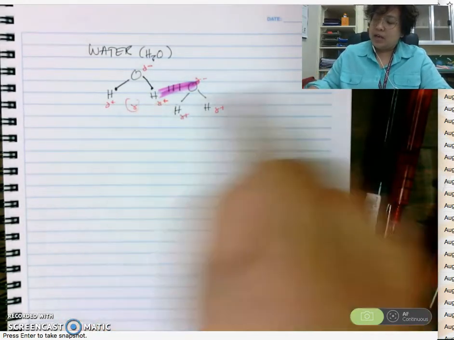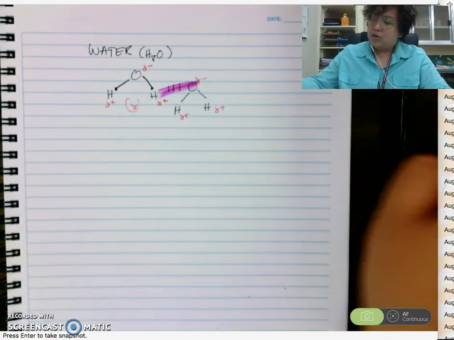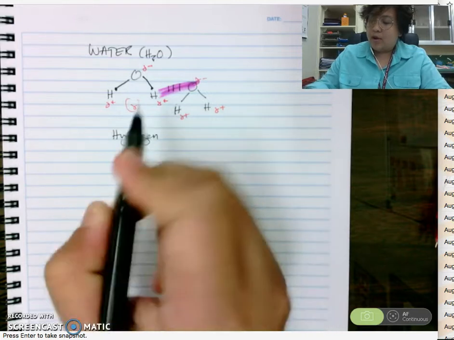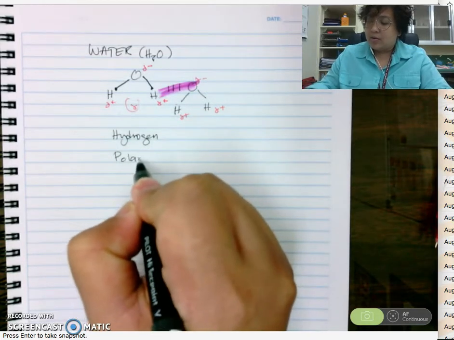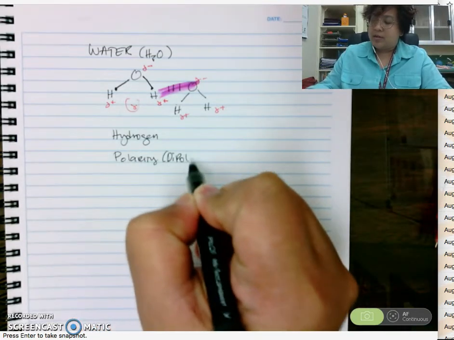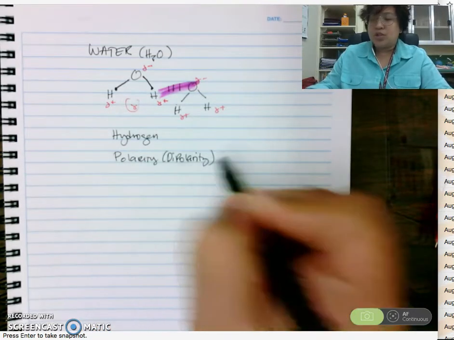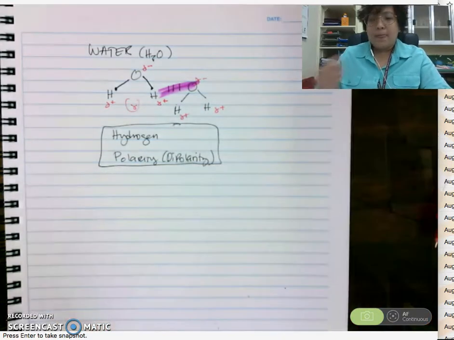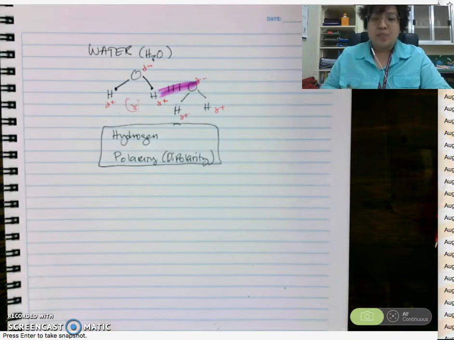Now this hydrogen bond between your two water molecules and the polarity, or let me just put here dipolarity, two different charges of your water molecule, gives water its different properties.